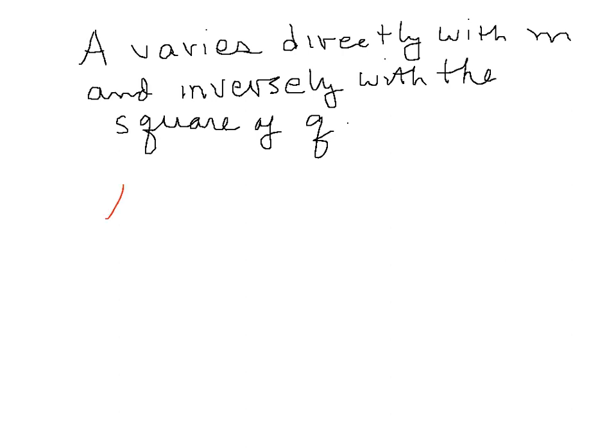And all that means is A is equal to, we always need a constant in there, K, so it varies directly with M and inversely with the square of Q. And that's how we translate that from English to mathematics. Get it? Varies directly with M, inversely or indirectly with the square of Q.